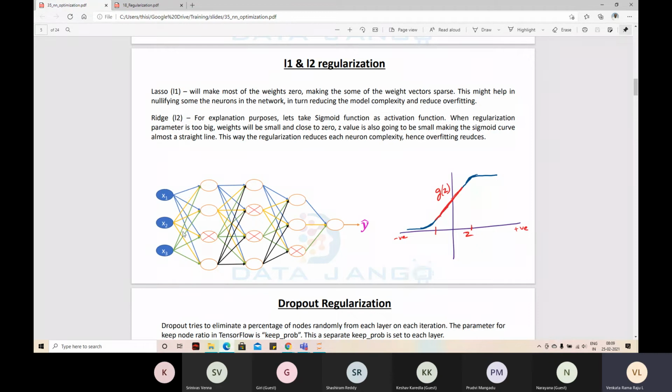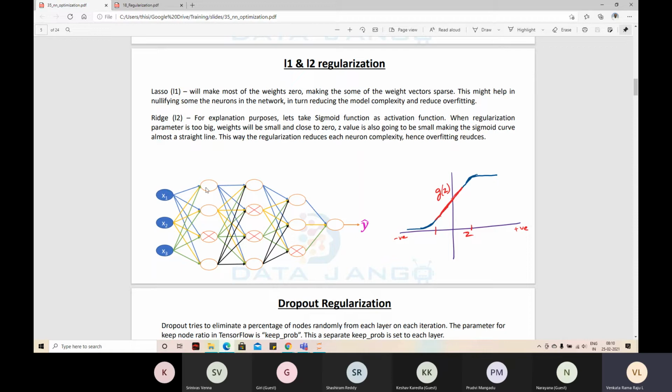All these weights are called kernel, and there will be a kernel matrix here, here, and here. When you apply regularization on a normal linear or logistic regression, it constrains the weights. If lambda is too high, it reduces these weights. If lambda is too low, it keeps the weight matrix as it is.